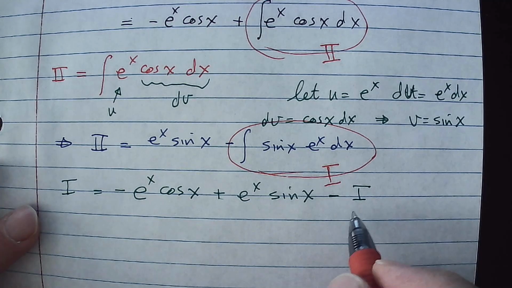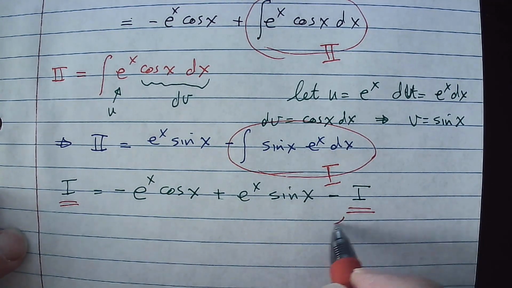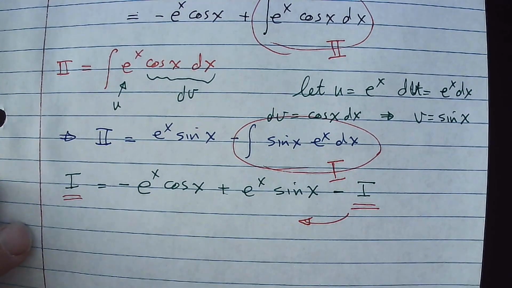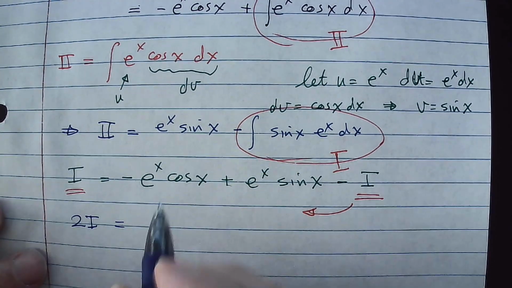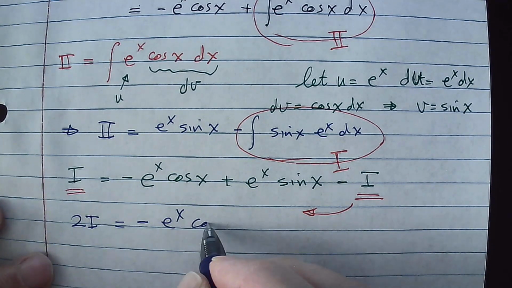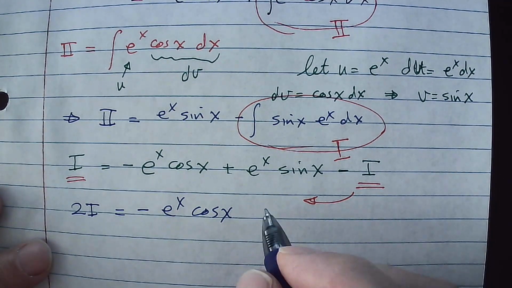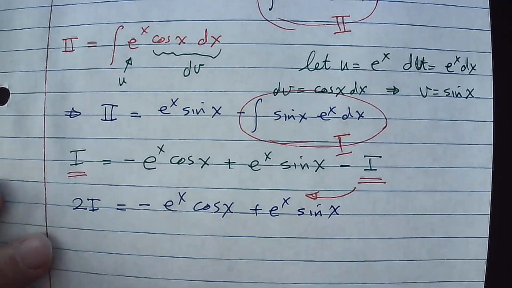Now look at this. This is I, and there is a negative sign. What if I take this to the other side? So I will have 2I equals negative e to the x cosine x plus e to the x sine x.